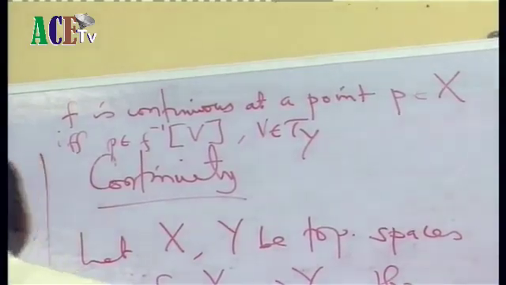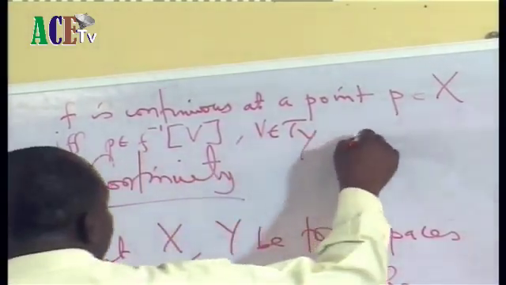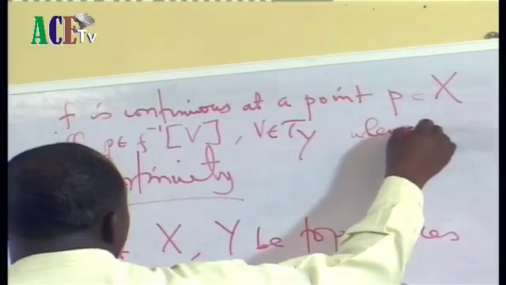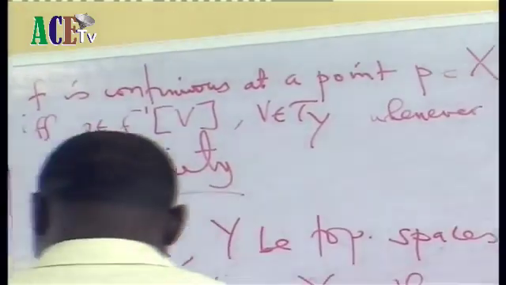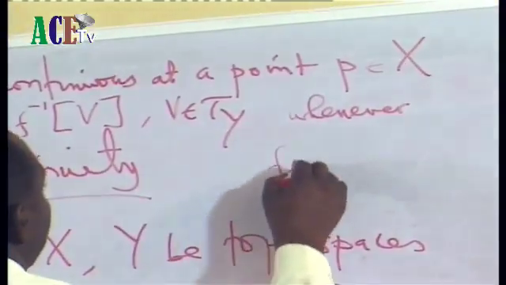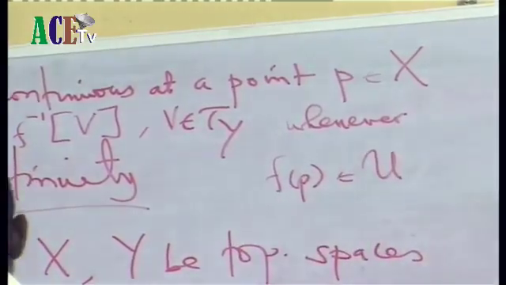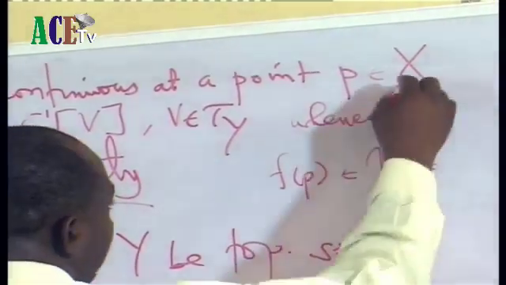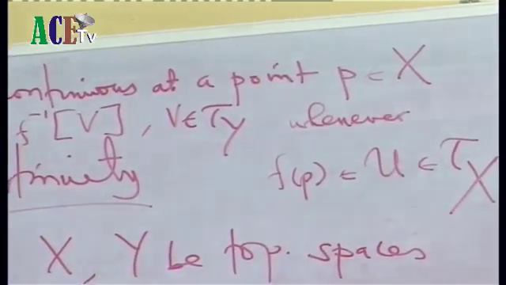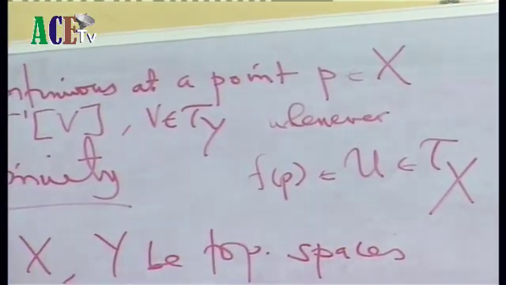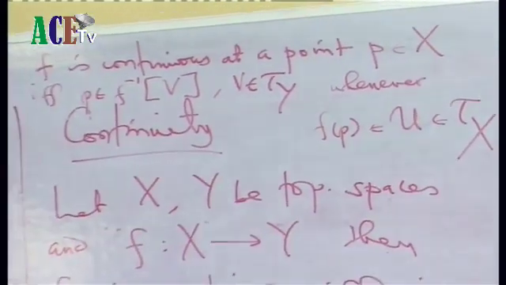So when this happens, whenever we have f of P belonging to U, where this U is in the topology of X. So that is continuity at a point.